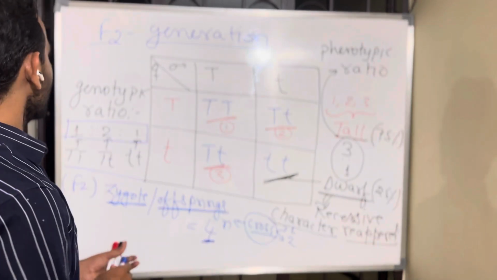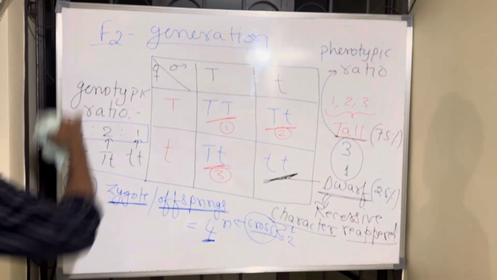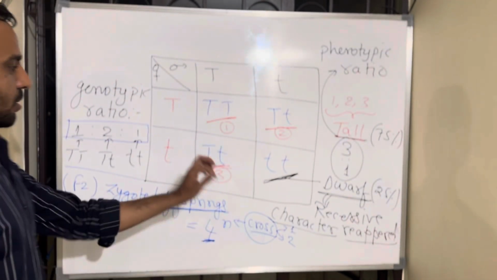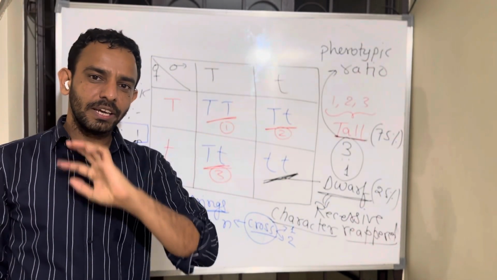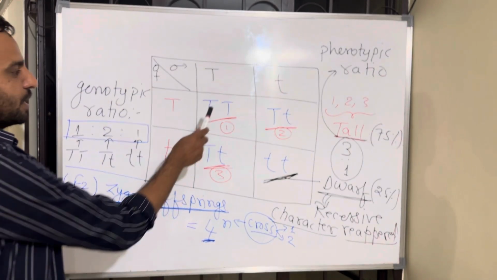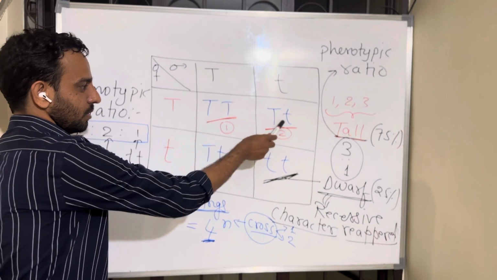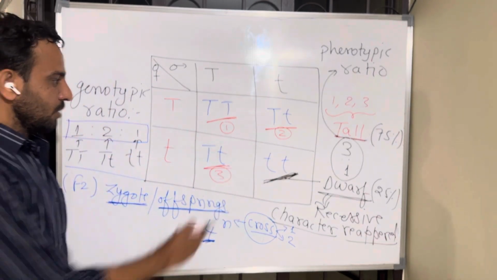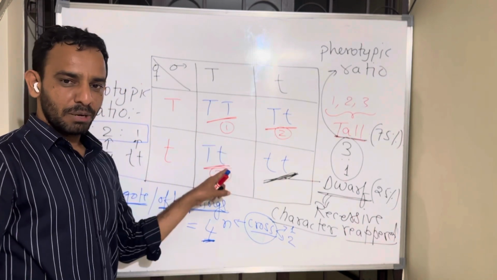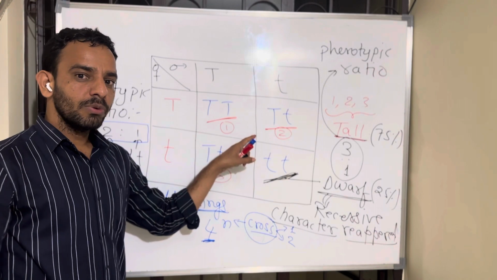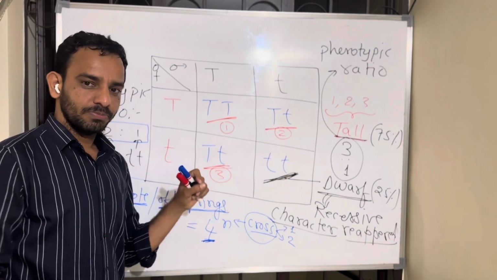Similarly, if we look at the genotypes in the F2 generation, when we take one character, how many types of genotypes do we get? This is one type of genotype, this is the second type, and this is the third type. These two are exactly the same. So one type of genotype, a second type which is 2 in number, and a third type.